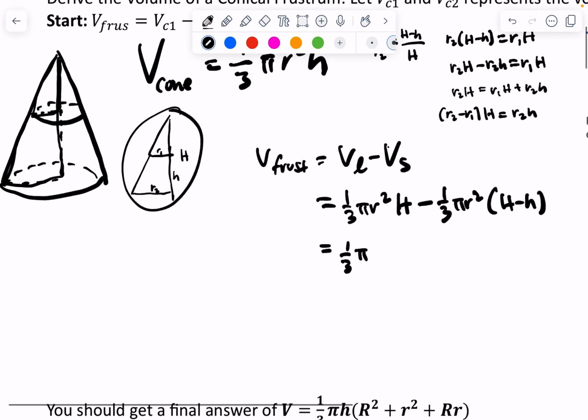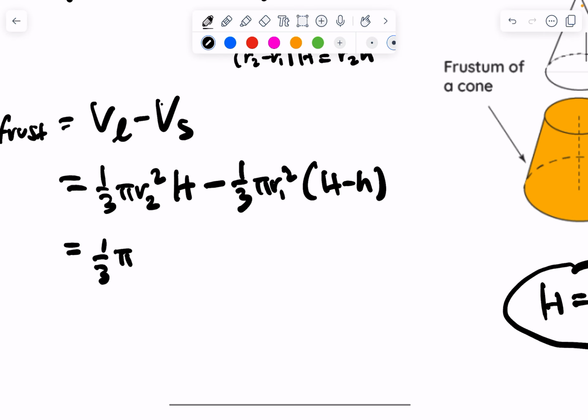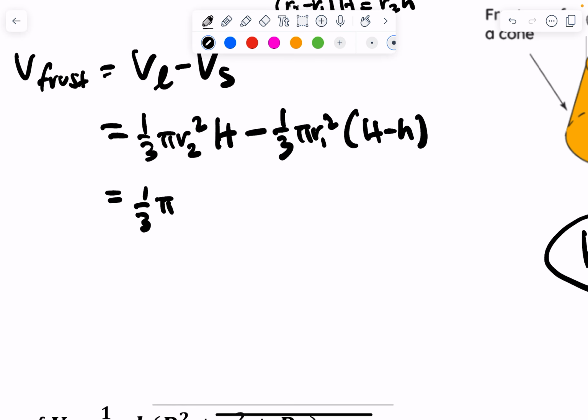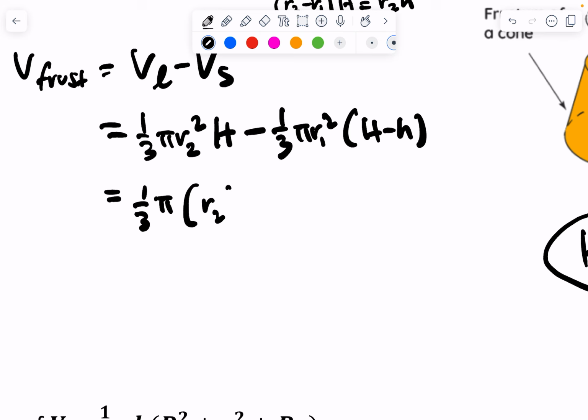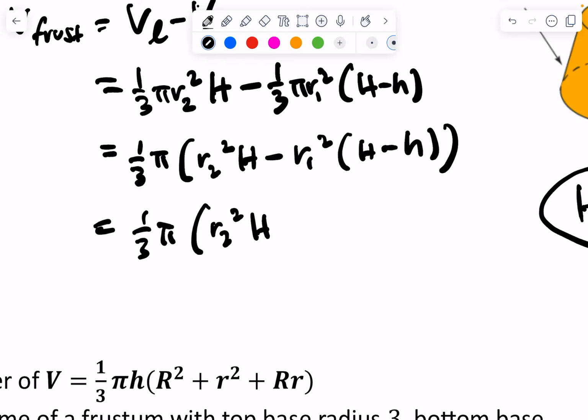This first part is r2 because it's the larger base, and the second part is r1 because it is the smaller base. So we can take out 1/3 pi here, and then we would get r2 squared H minus r1 squared times H minus h. And then with some more simplification.